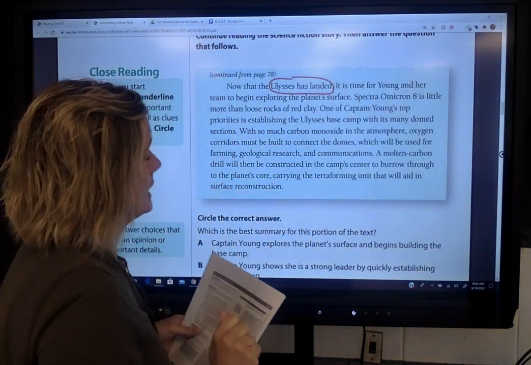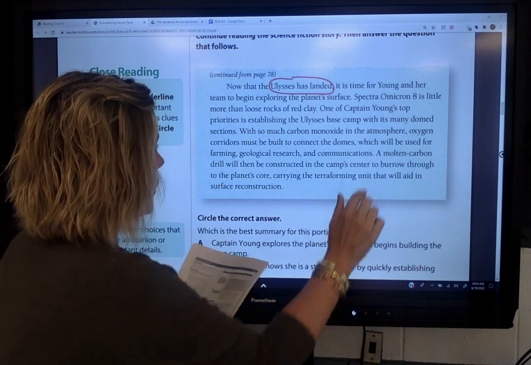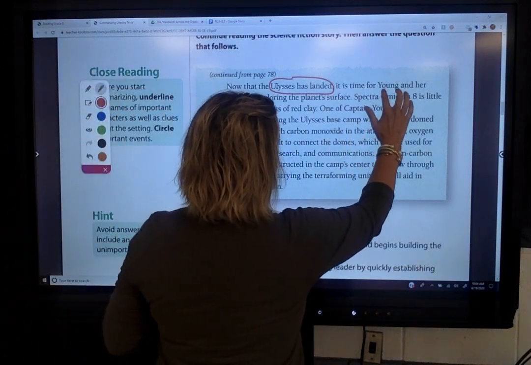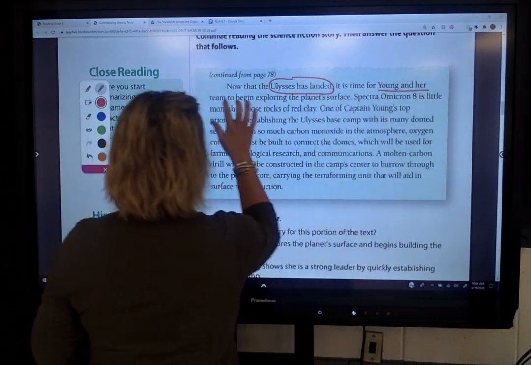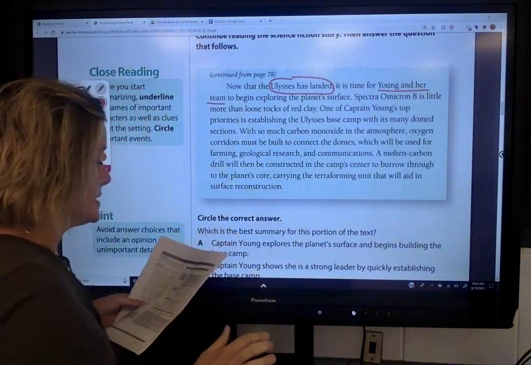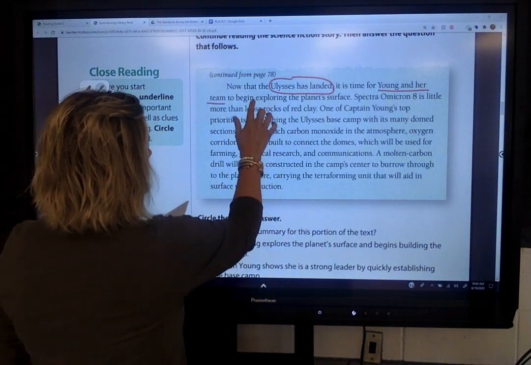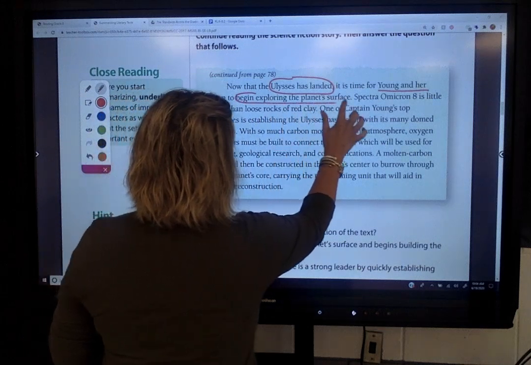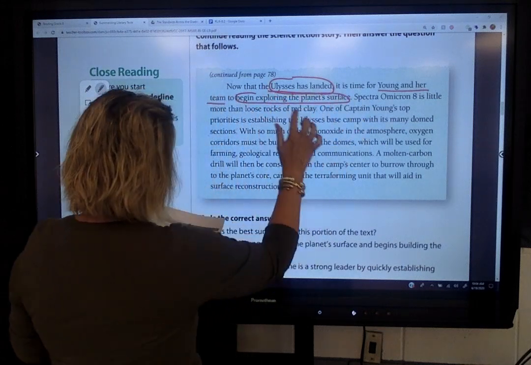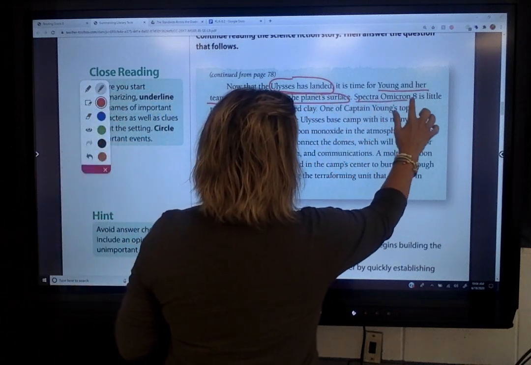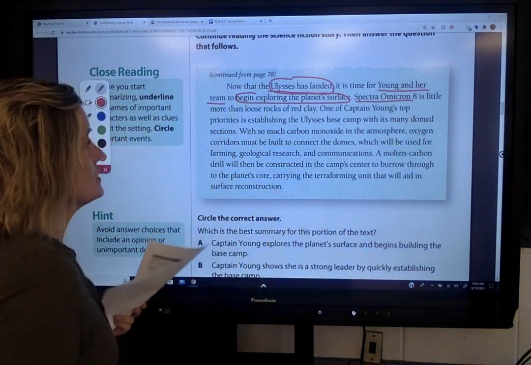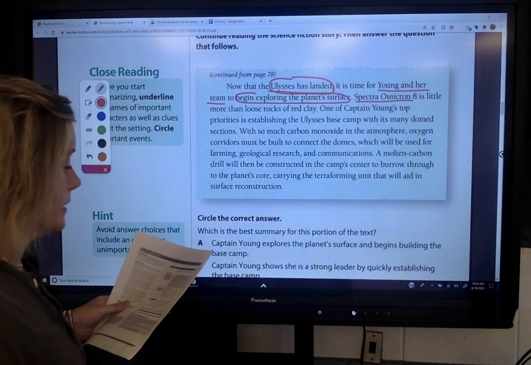That's definitely important. It landed. Now, people that are important, characters, Young and her team are important. And what do they begin to do? They begin exploring the planet's surface. Spectra Omicron, the planet, it tells us is just rocks of red clay, basically.